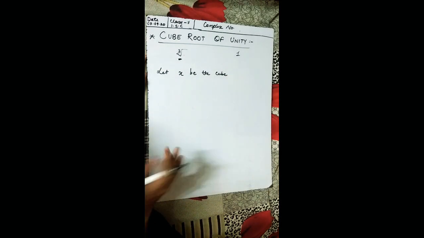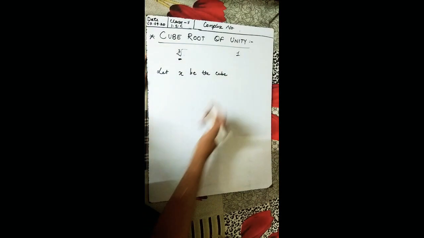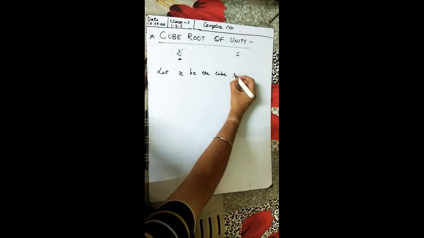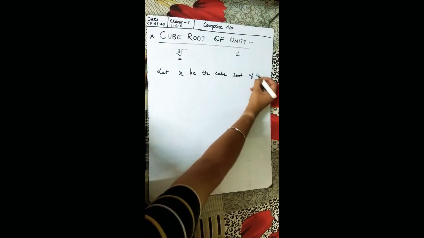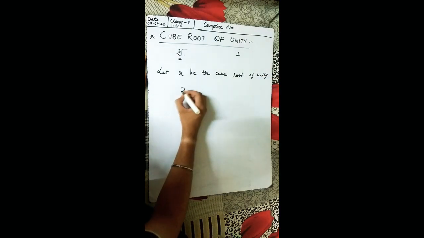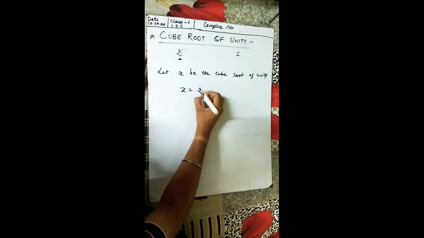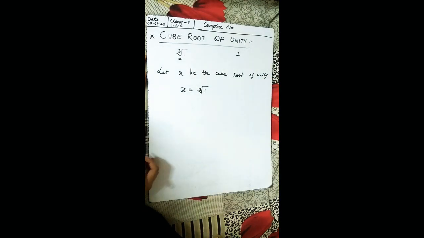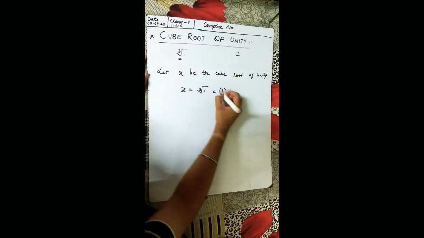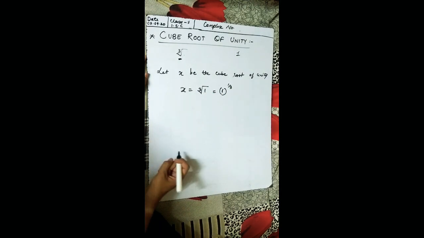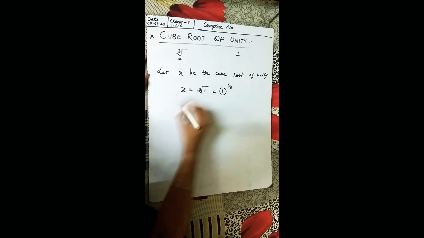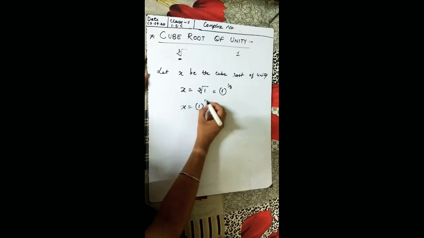The results are really amazing. We'll just solve it for x being the cube root of unity. That is, x is equal to the cube root of 1. This cube root of 1 is nothing but 1 to the power 1 upon 3. So x is equal to 1 to the power 1 upon 3.